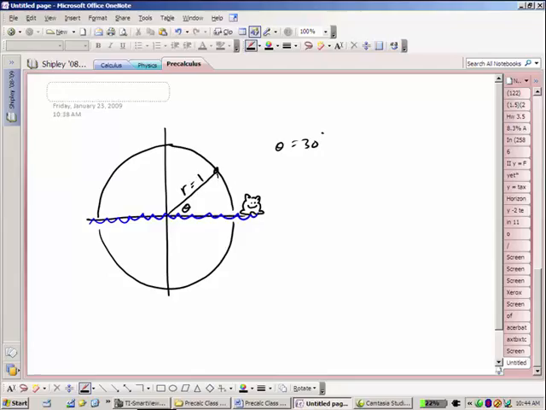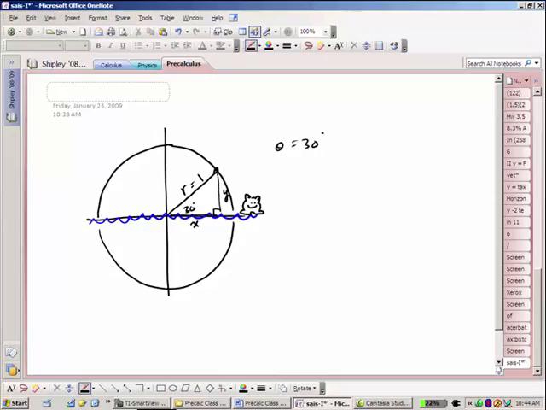If you want to find out how high she is above the water, we have a triangle. And if I know that the angle is 30, I'll call this y, and I'll call this x. Does it make sense that y would be how high and x would be how far over?